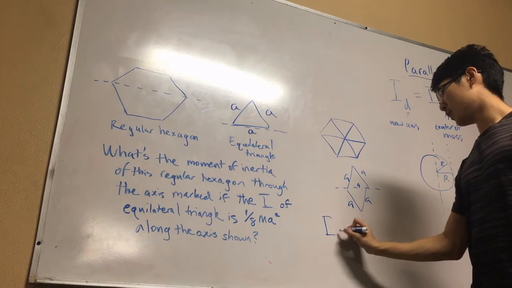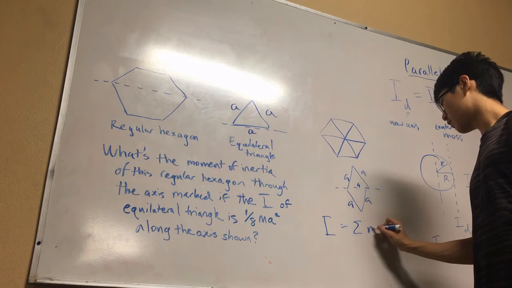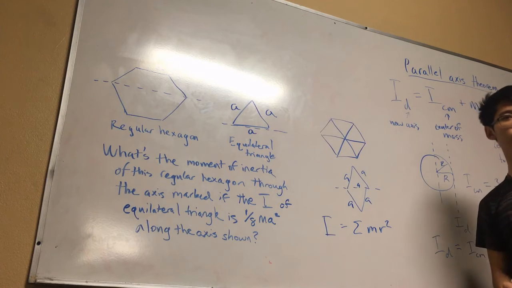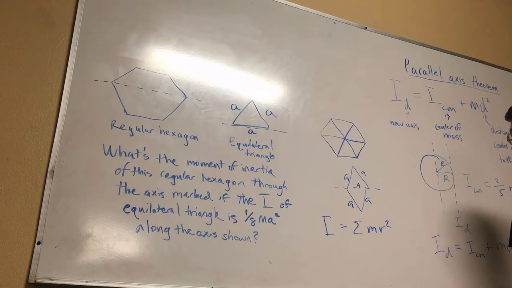Remember the equation for I is just the summation of all the mr squared in the entire shape. So for the new shape, do you add up 1/8 ma squared plus 1/8 ma squared? Does that make the inertia through the center of mass in the center of the new shape?